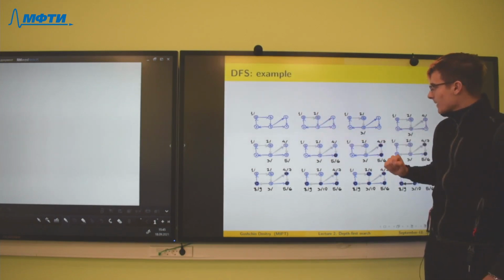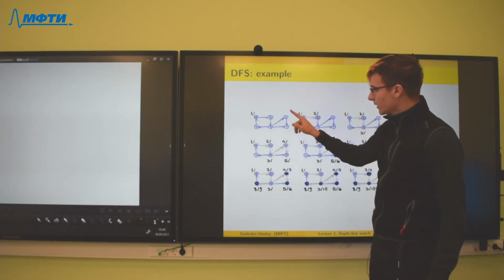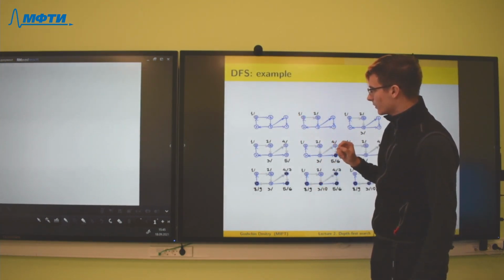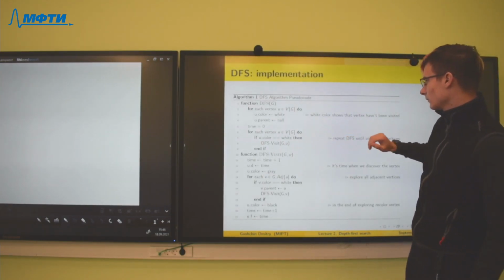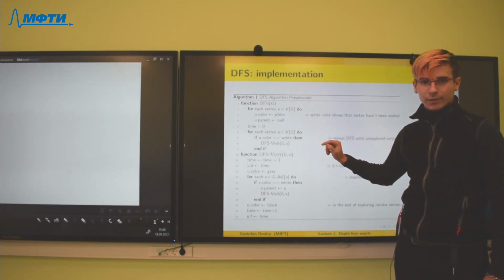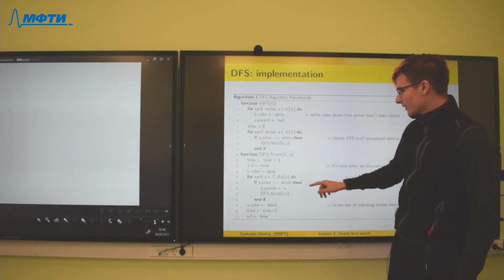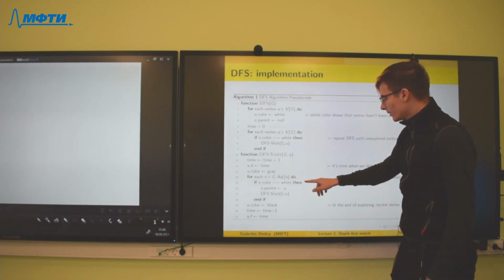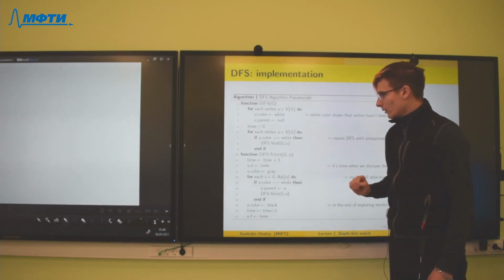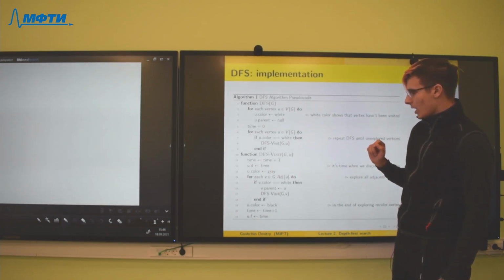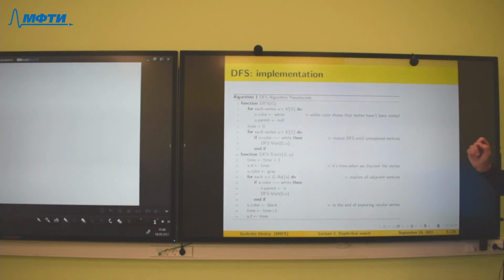Okay. Then we start with one vertex and say that its explore time is equal to 1. Then we visit this point, set the time for it, and check whether we have any adjacent vertices to vertex u that haven't been explored.